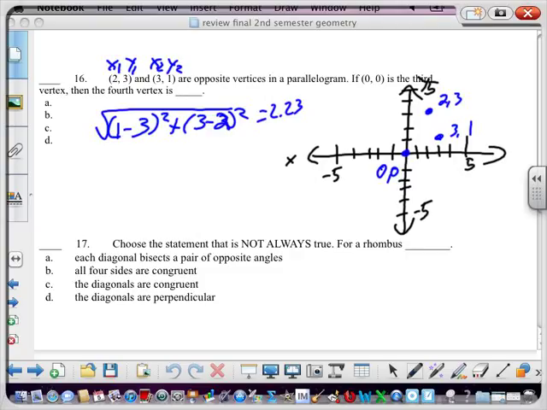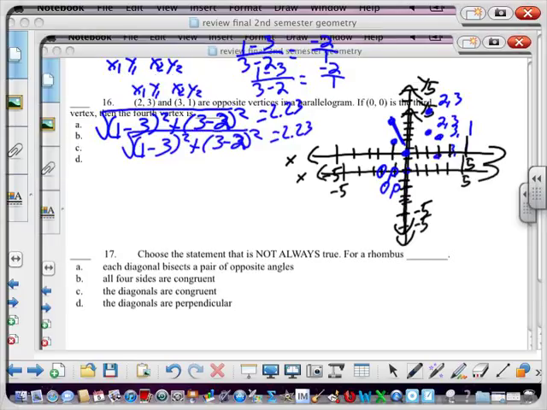What I'm also going to do is figure out the slope for this. So that's y2 minus y1 over x2 minus x1, which gives me negative 2 over 3 minus 2, which is 1. So the slope is negative 2 over 1. Okay? So from here to here, I went down 2 over 1. So I know that from (0, 0), I'm going to go up 2 over 1 to get my slope.